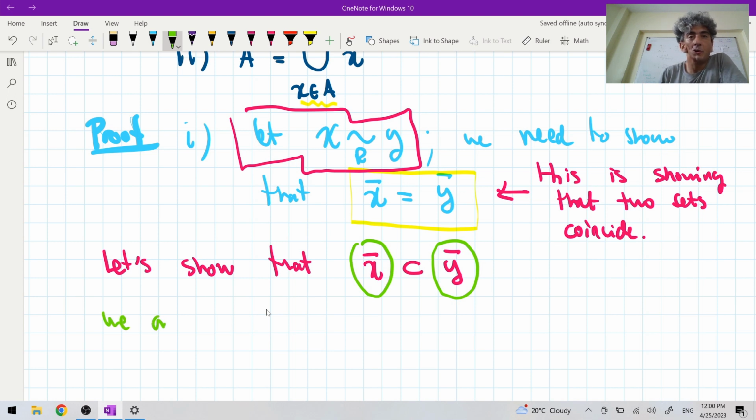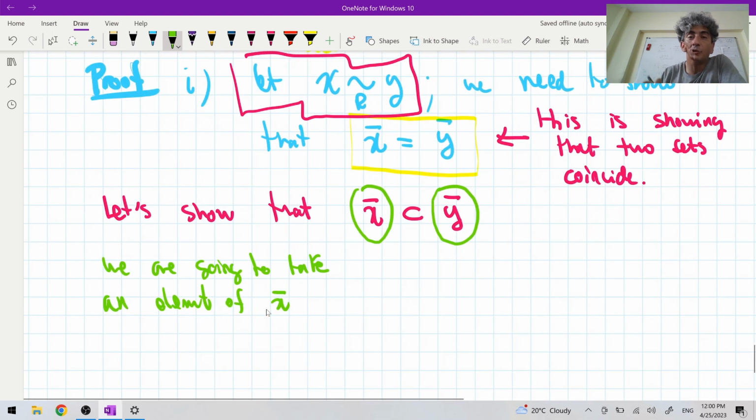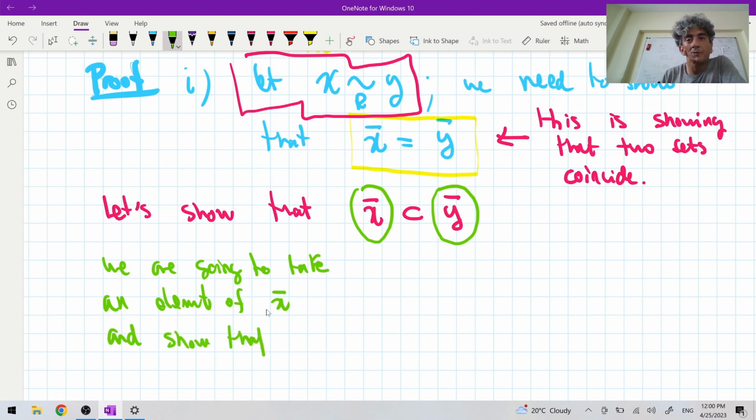We are going to take an element of X bar, and we're going to show that it also belongs to the class of Y. So this is what we're going to do.